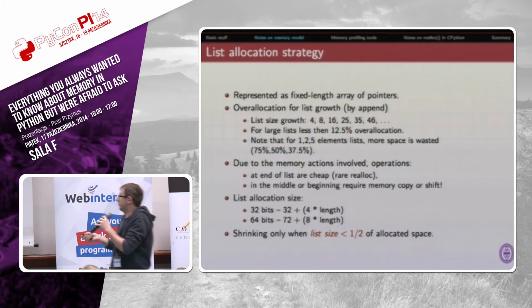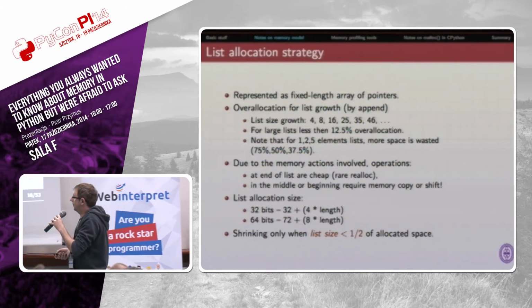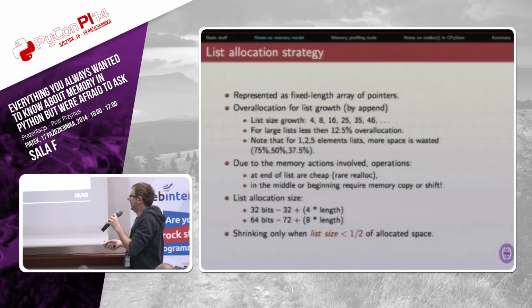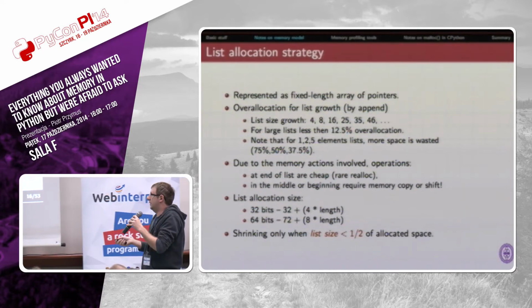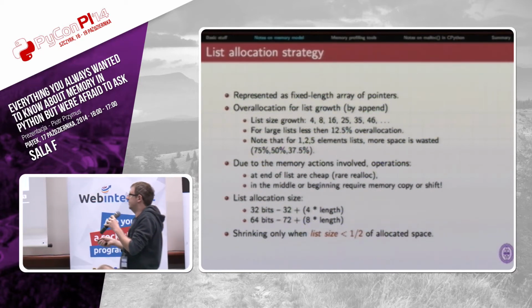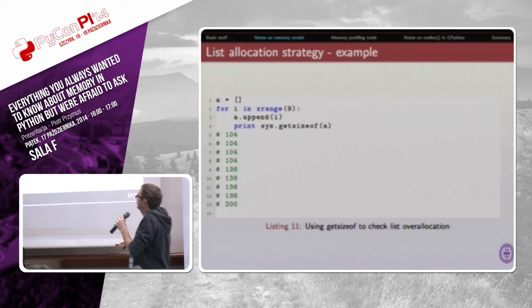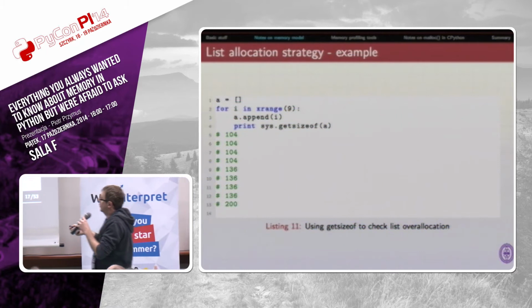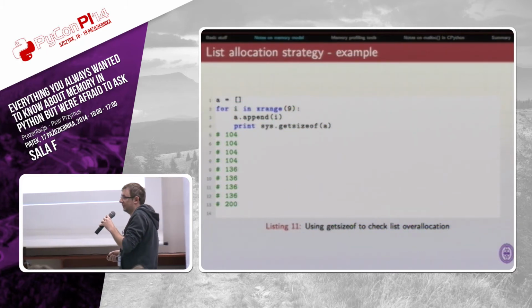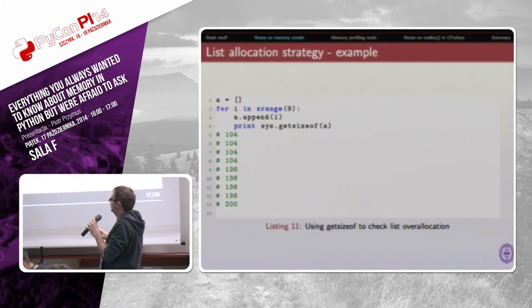And this is the general pattern of how to estimate the size of your list depending on the architecture, and it will shrink only when the list size is less than half of the allocated space. And you can of course use sys.getsizeof to get those values.